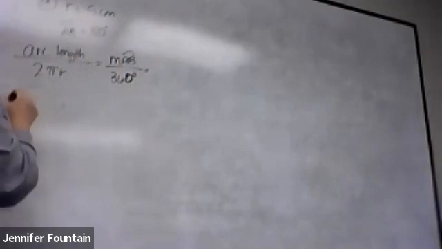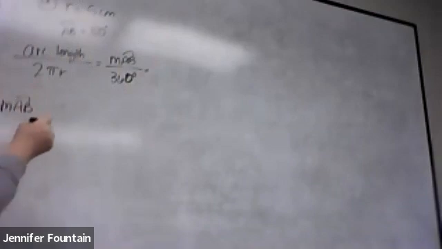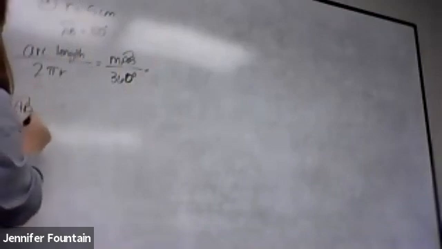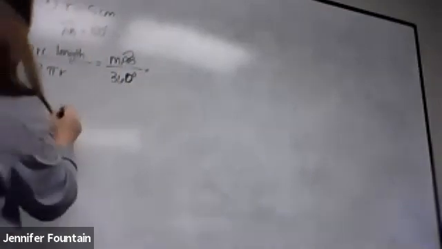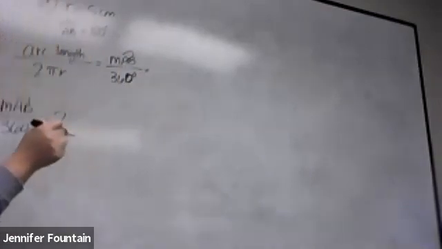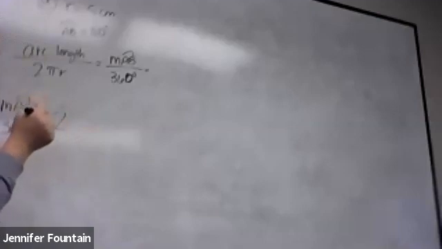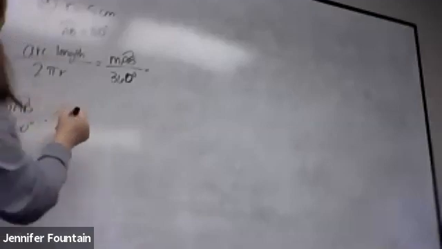They also said that I can look at it as the measure of AB over 360 times 2 pi r. The measure of AB is 50, so we can place that in there.